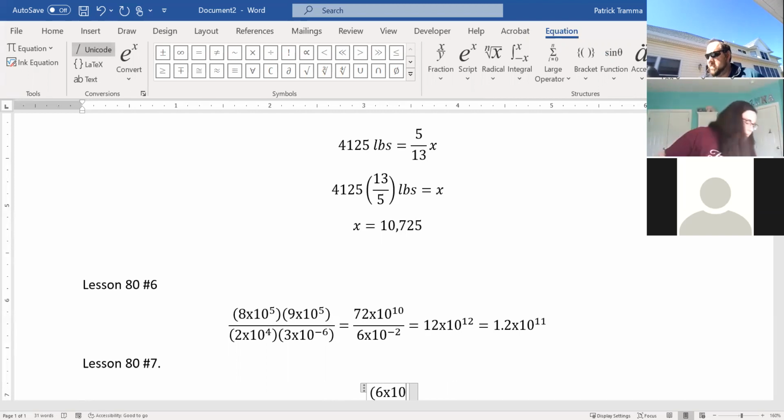So it becomes 6 times 10 to the negative 31st. Well, no, it's 0.0006 times 10 to the negative 31st. So we have to move that 4 places to the right, which makes it bigger. So those exponents of 10 should go higher by 4.